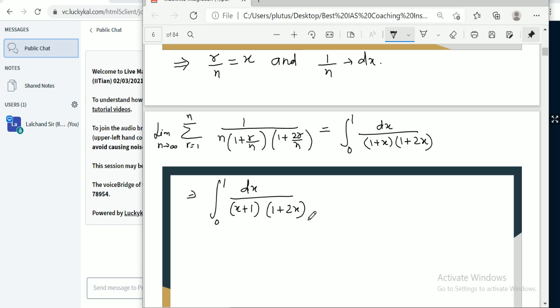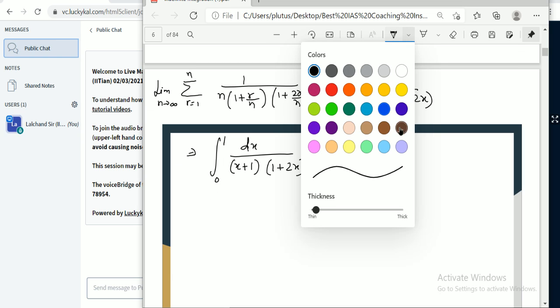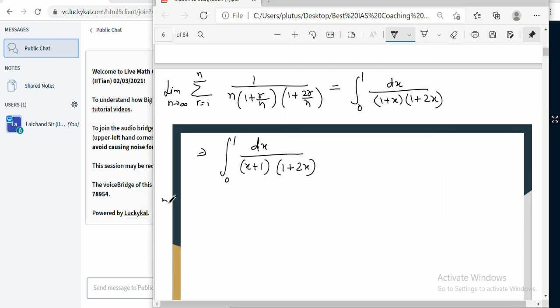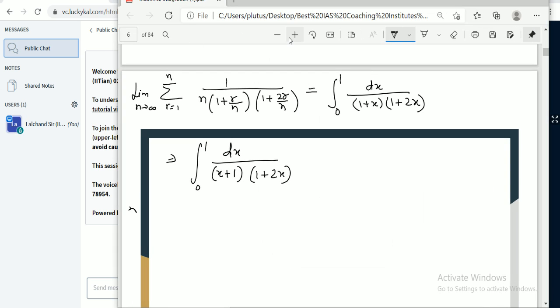By using partial fractions. If we make partial fractions of this equation, then we have to write... how to do partial fractions. Any idea about partial fractions? Anyone? Tell me what are the partial fractions of this equation?